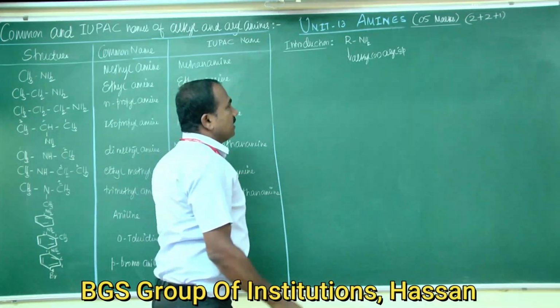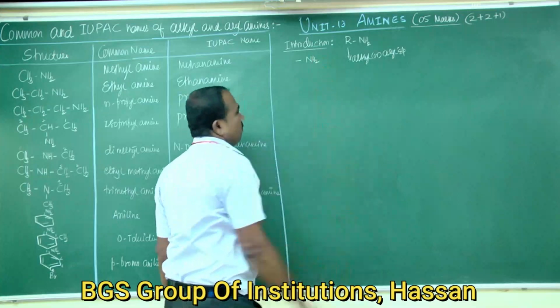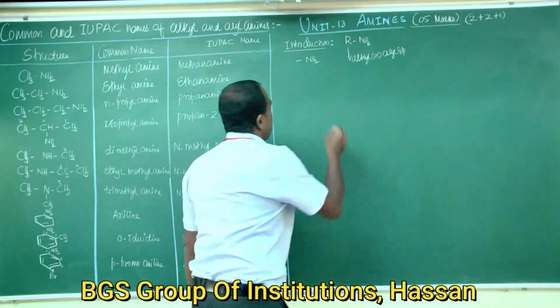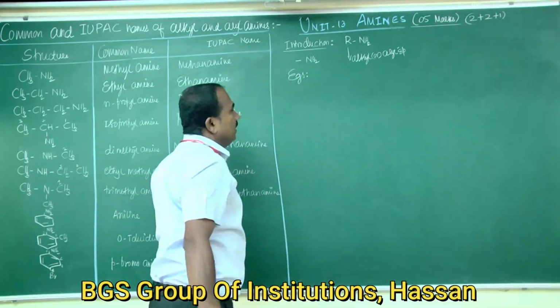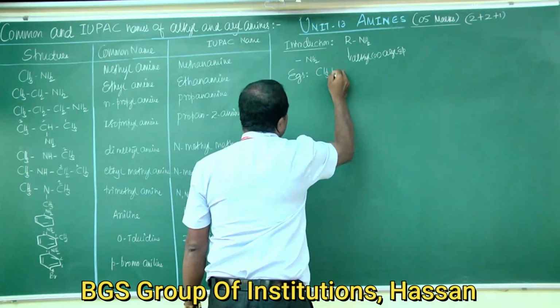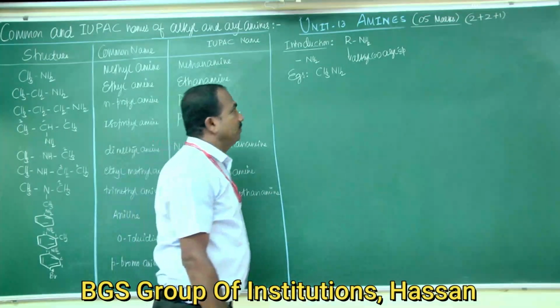The functional group for amines is NH2. Examples for amines: if we give R as CH3, CH3NH2, that is methylamine.